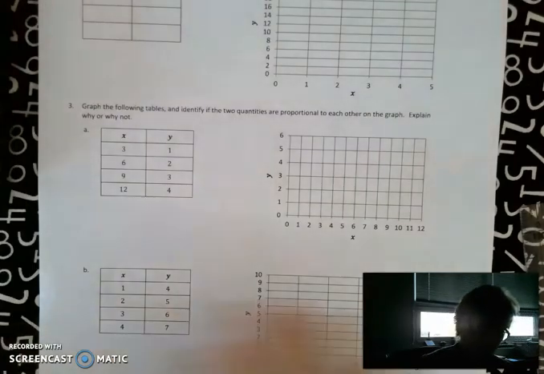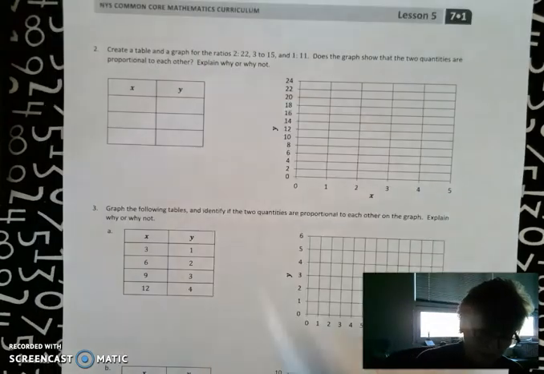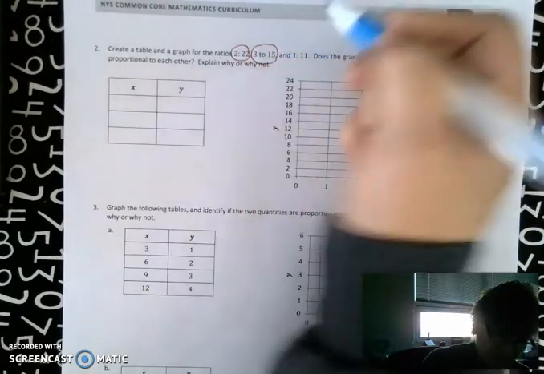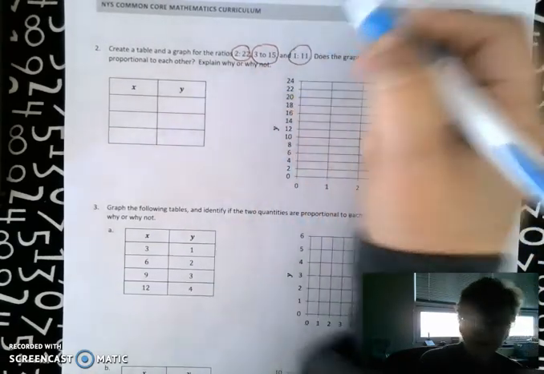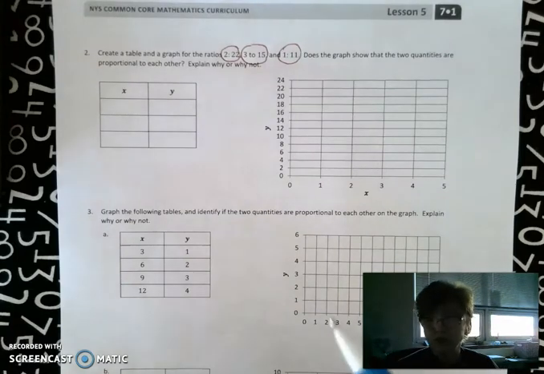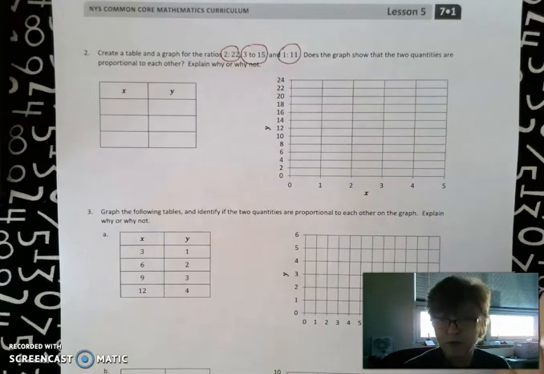Okay, let's go to the second page. Create a table and a graph for the ratios. So here's a ratio, 3 to 15 and 1 to 11. Now, if you don't know which one is supposed to be your x value or which is supposed to be your y value, you could actually look at your graph and that may help you.